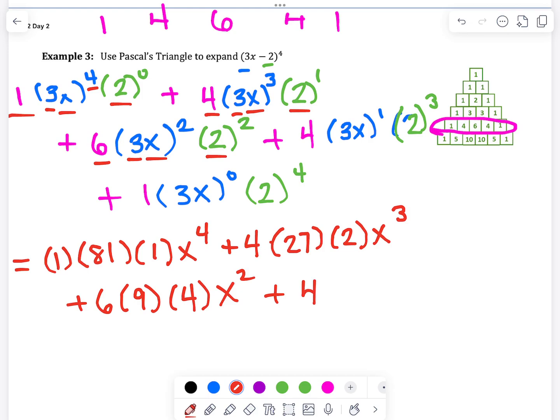Plus 4. 3 to the 1st is 3. 2 cubed is 8. X to the 1st is x. Plus 1. Anything raised to the 0 power is 1. 2 to the 4th is 16.